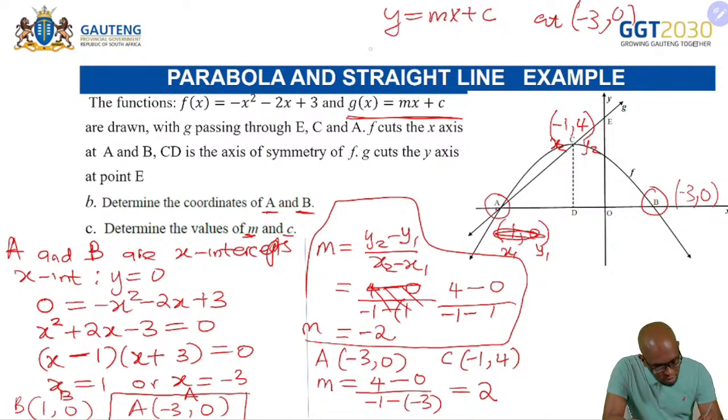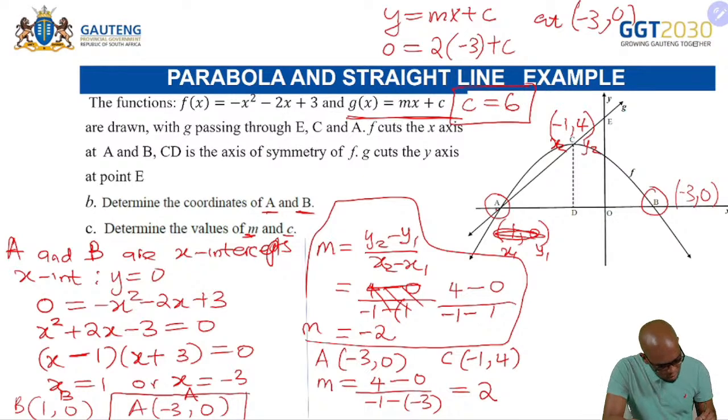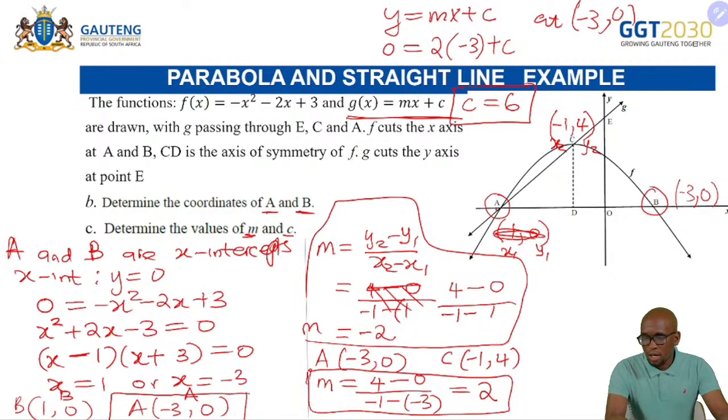So I will substitute y at A: 0 is equal to the gradient, which is 2, times our x, which is minus 3, plus C. So we find that C becomes plus 6. So we've worked out M is 2 and C is plus 6. So that is basically what we're going to do there.